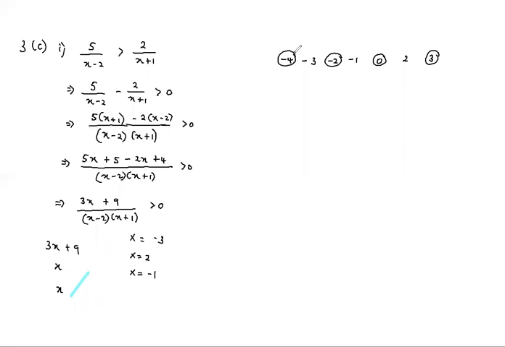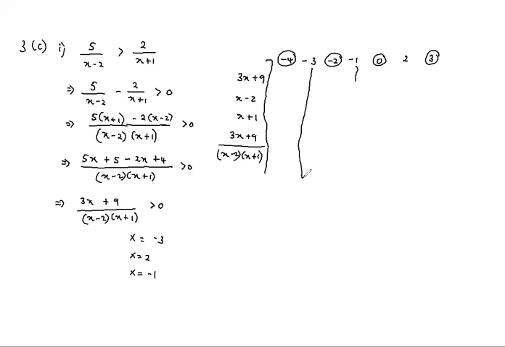This one we forget about it. It cannot work. I think I didn't see properly. Then we have 3x plus 9, and then we have x minus 2, then we have x plus 1. And then we'll have 3x plus 9 over x minus 2 and x plus 1.